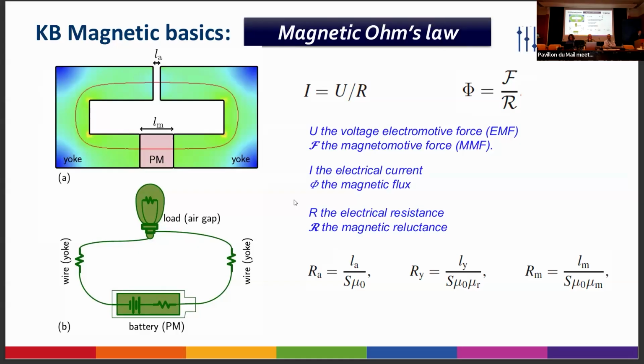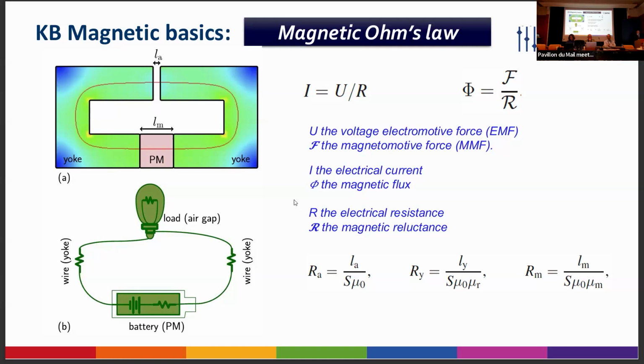And this can be imaged as an electrical circuit. The PM can be considered as a voltage source, a battery. The yoke is the wire, and the air gap is basically the load.